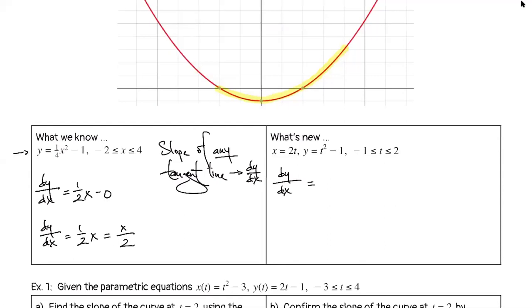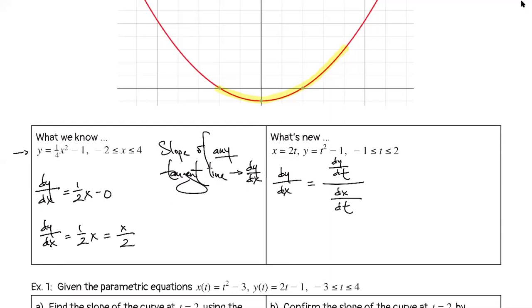And in order to get to dy dx, what we're going to need to do is set up a fraction. When on the top, we're going to find dy dt. So we're going to find the derivative of just the y part of the parametric curve. And then on the bottom, we're going to find just the derivative of the x part of the parametric equation.